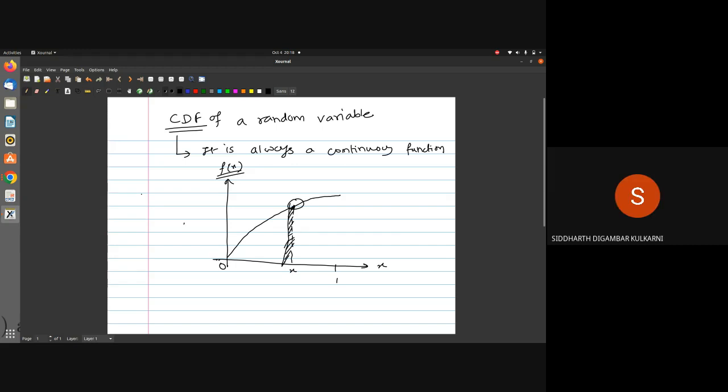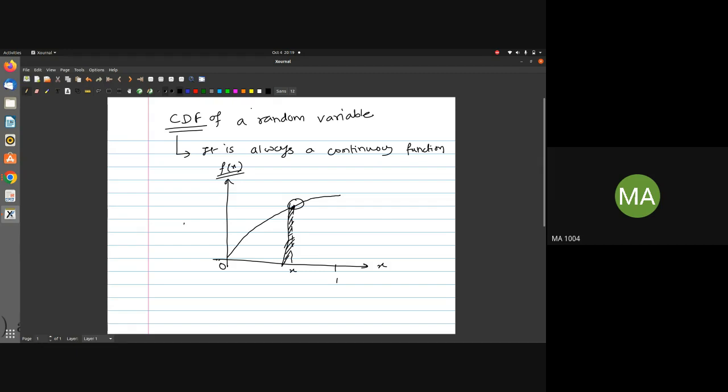If there is, suppose, a jump of 0.2 at 2, then the probability of 2 is 0.2. So we can find the value of the function just before x and subtract that value.